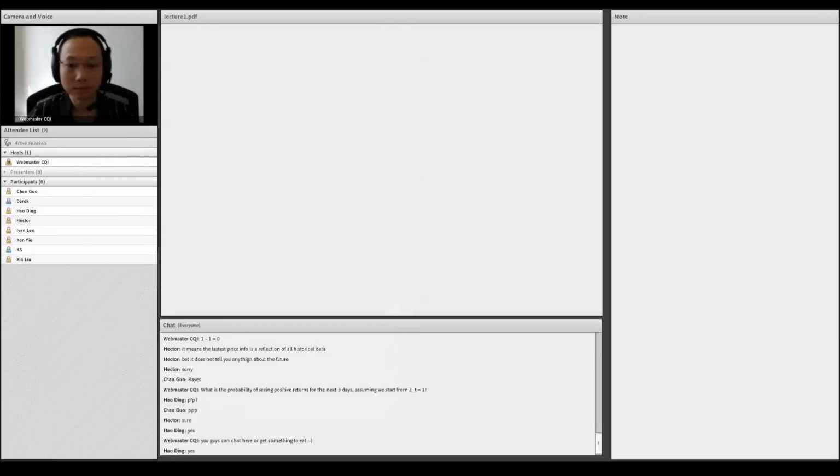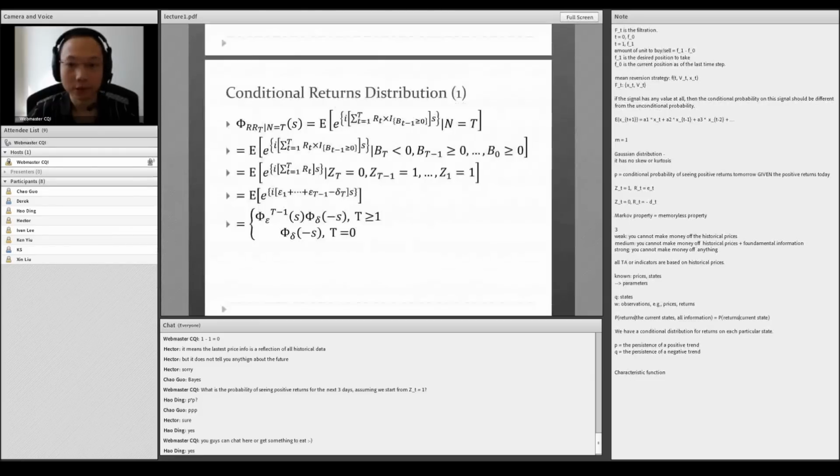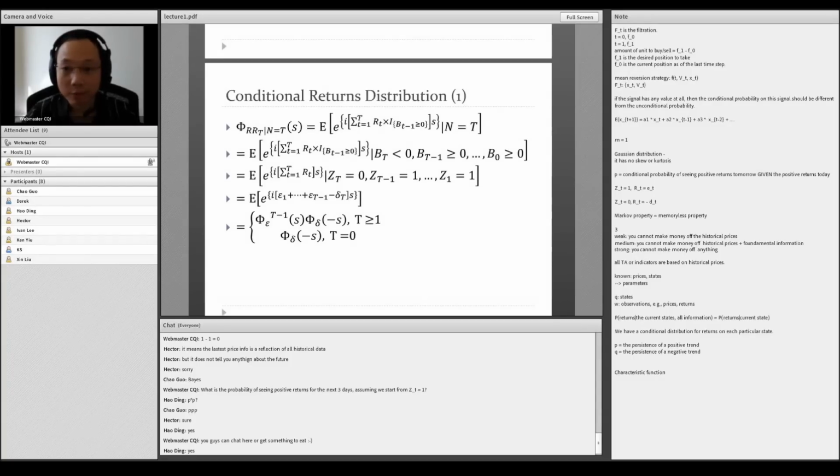S is the t; Wiki uses t, I use s here. So the characteristic function of the random variable RRT is a function in s, and it's the expectation of e^(i times the random variable itself times s). Now this is the random variable itself because this is the definition of RRT.